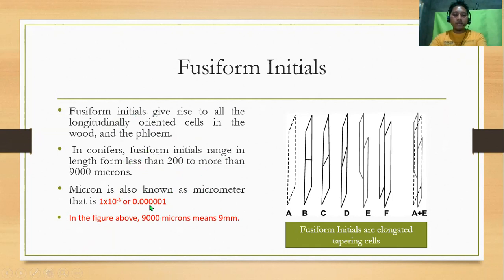When you convert 9,000 microns, this gives 9 millimeters. So in conifers, the longest measure is 9 millimeters on your ruler.